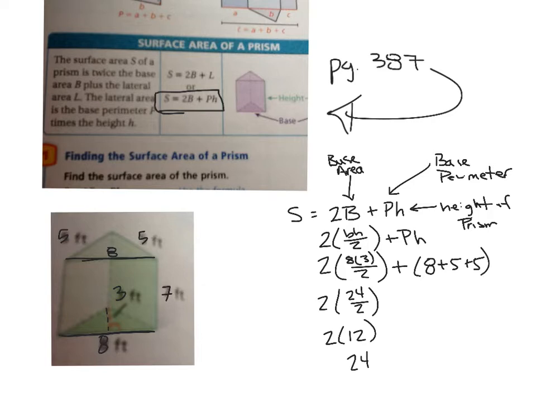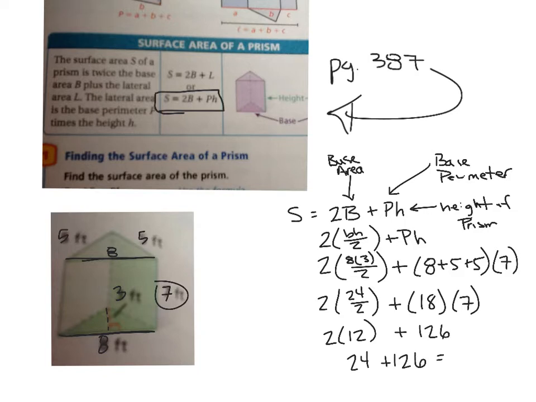So the distance between the two bases is 7. So then we have 8 plus 5 is 13 plus 5 is 18 times 7. And then when we multiply 18 times 7, we get 126. So we're just going to plus 126 here as well. And that equals 150 feet squared. We're back to area, so we're going back to squared.